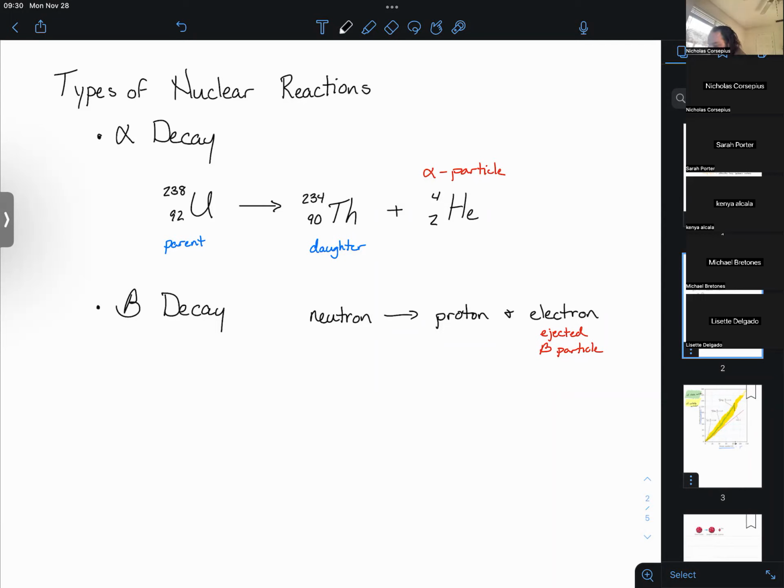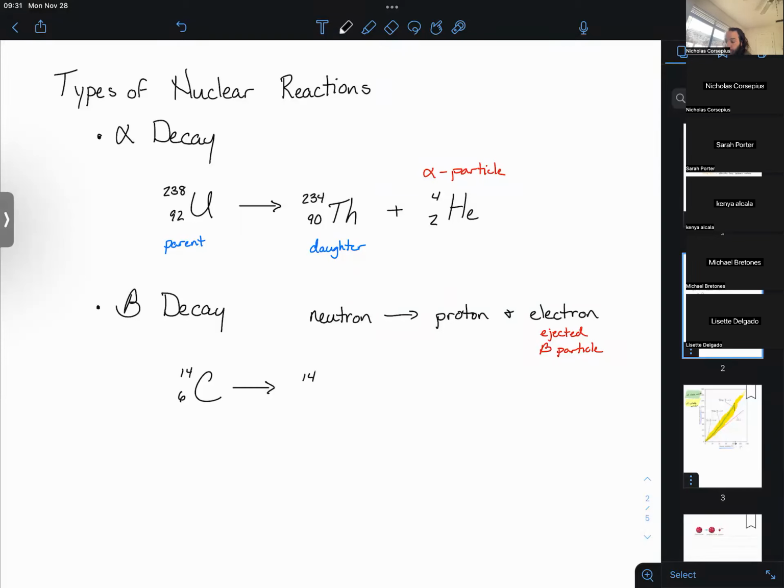So what this would look like is if we had a particular isotope like carbon-14 and it underwent beta decay, one of those neutrons is going to become a proton. So my mass number stays the same because my total of protons plus neutrons stays the same.